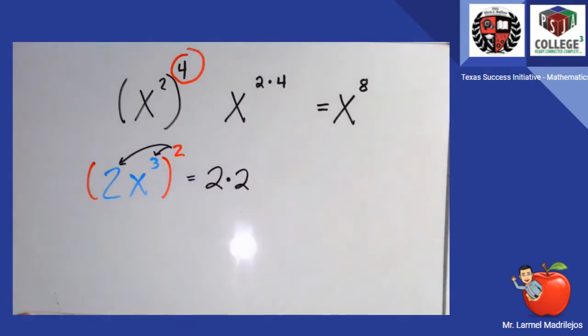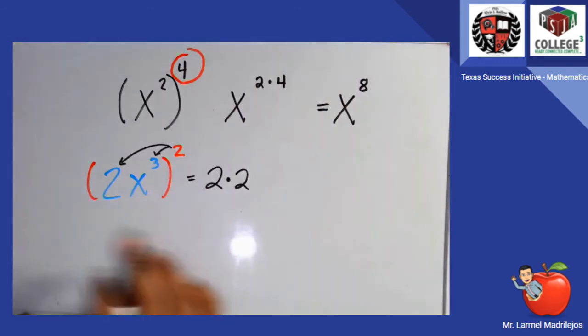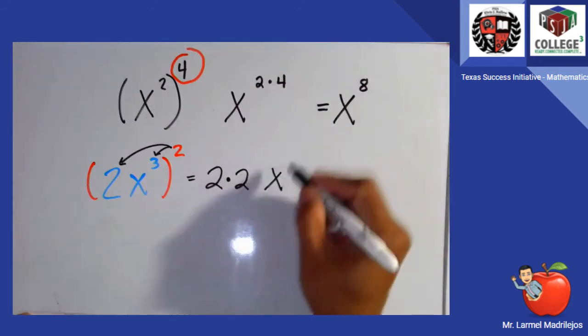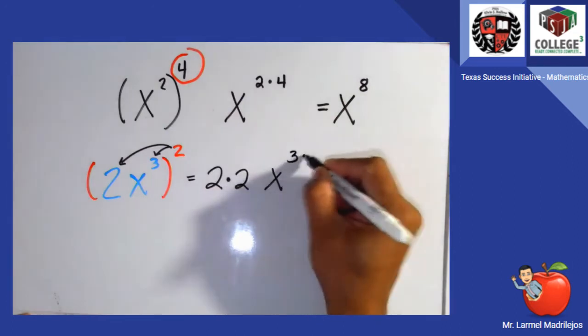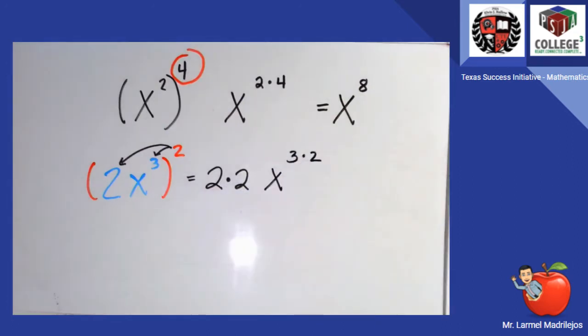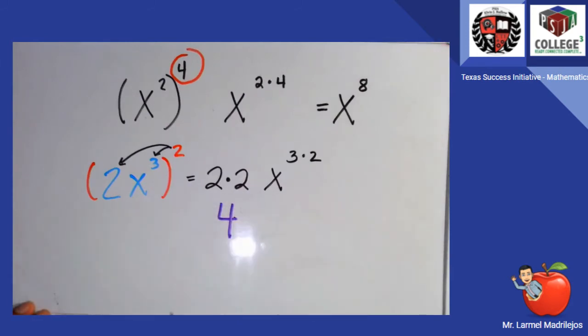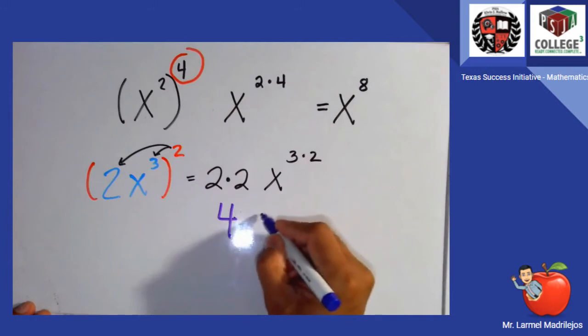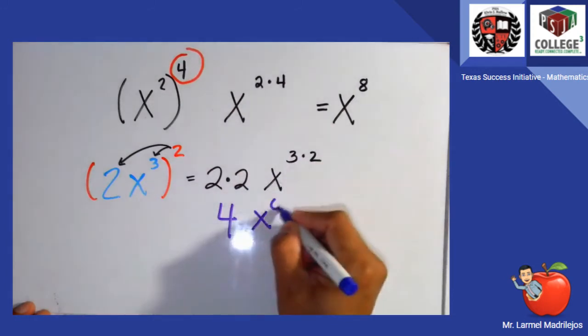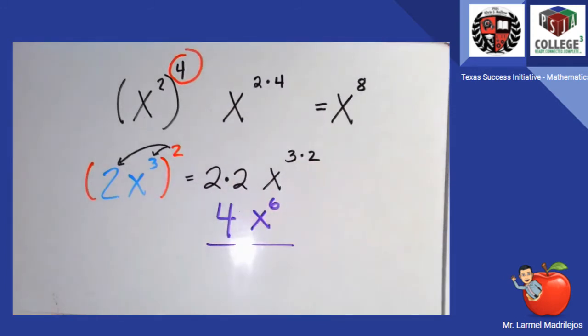The coefficient is 2 times 2, and the variable is x raised to 3 times 2. So the answer is 2 times 2 is equal to 4, x raised to 6. That's the answer.